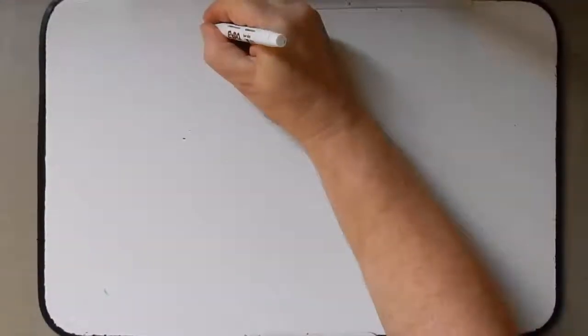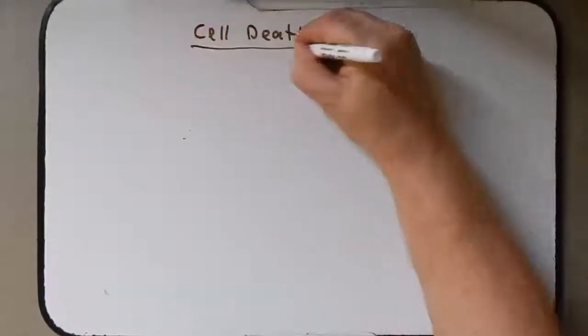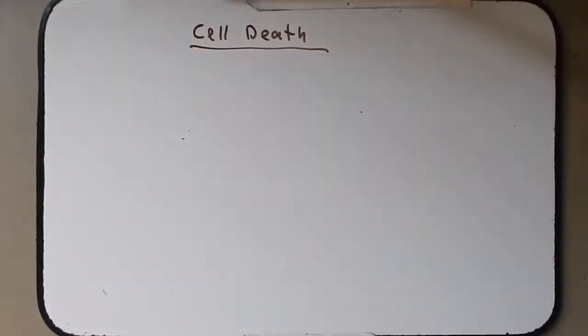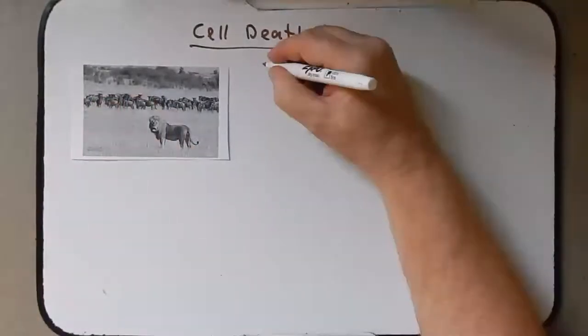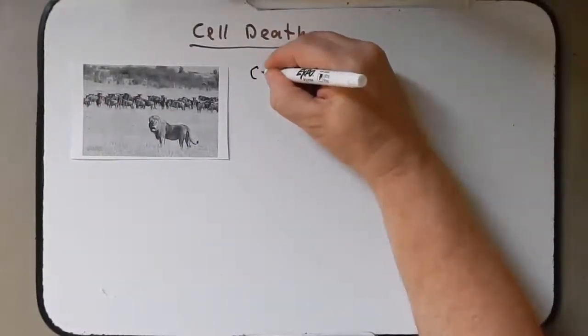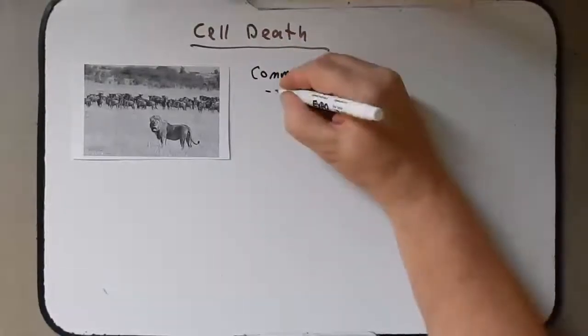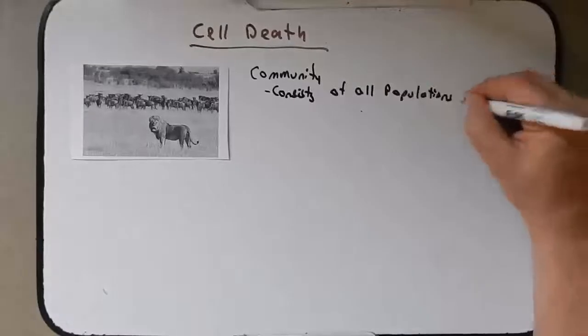Okay, let's begin our discussion of cell death as it relates to controlling the number and shape of cells. And I'd like to begin this discussion by thinking about a community. So if you remember back to an introductory biology class, or if you took an ecology class, a community consists of all populations in a given area.